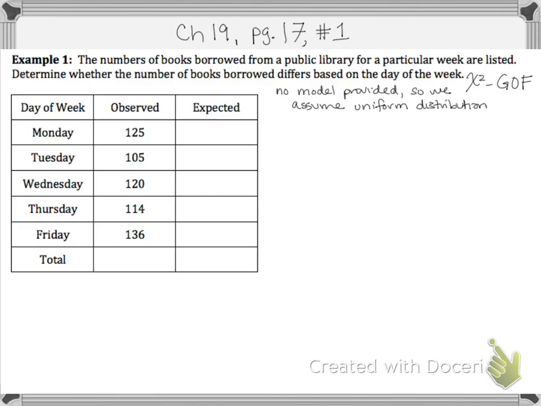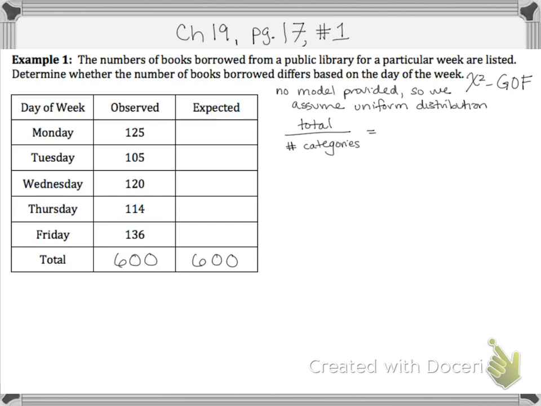And here's the deal. The first thing we're going to do is find the total in the observed column to really help us get started here. So if you add up all the values in the observed column, we end up getting 600. In order to discuss something uniform, we would take the total divided by the number of categories to figure out what would be our expected value in each one of these columns. So no matter what I put in expected, the totals have to be identical.